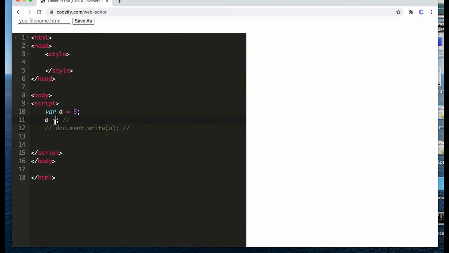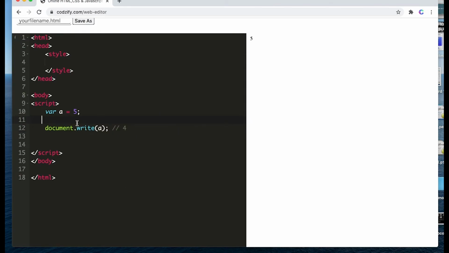Similarly, if we use a prefix operator for the decrement operation, in this case here the value of a is 5, on this line 11 the value of a will be 4, decremented by 1 directly, and on the next line it will display the decremented value 4. Okay.